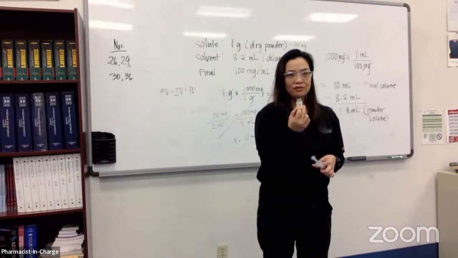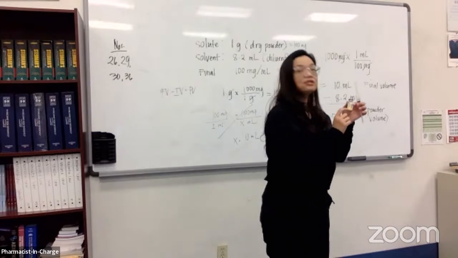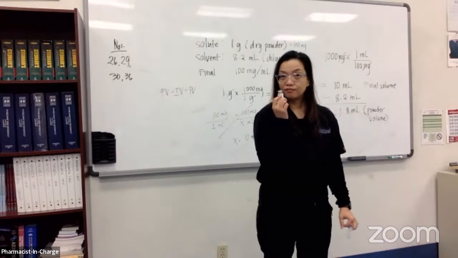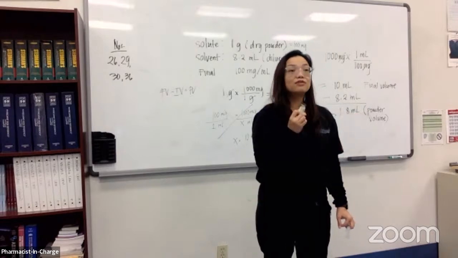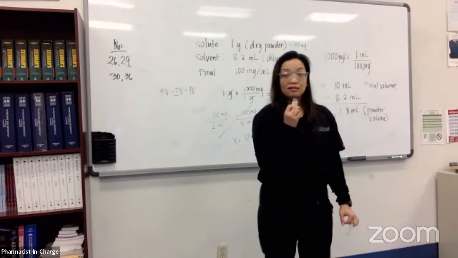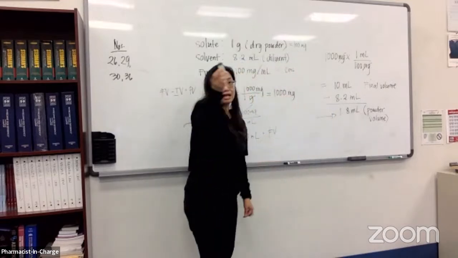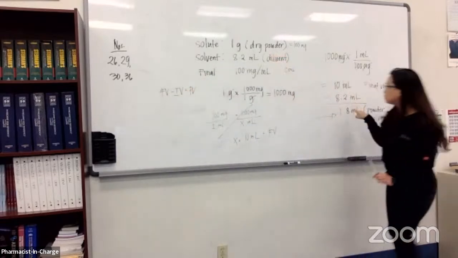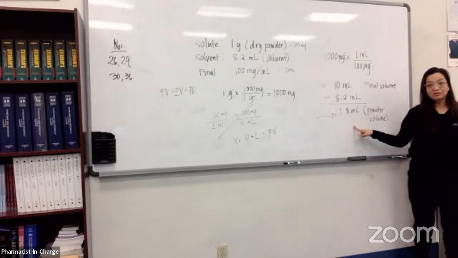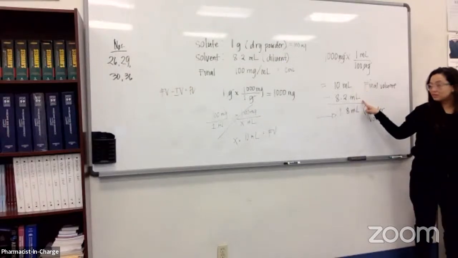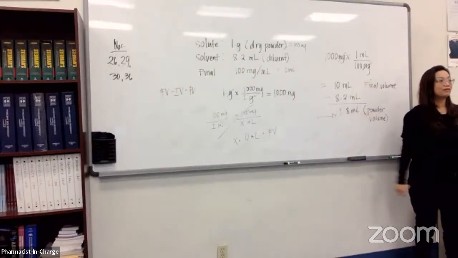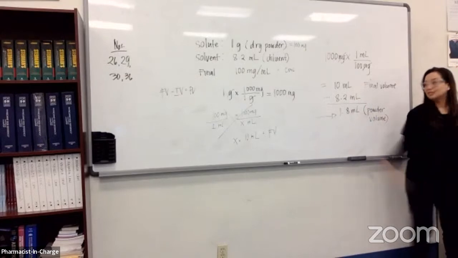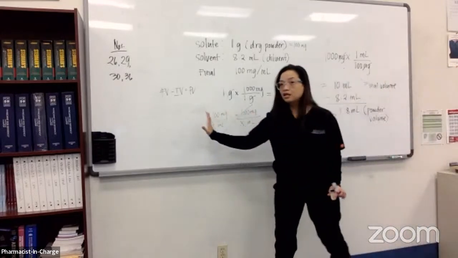No, because there's a volume that pertains to the powder. That's why the final volume came out to 10 ml. To calculate how much that 1 gram dissolved into, final volume minus initial volume is your powder volume. Did you get that? Isn't this easier?